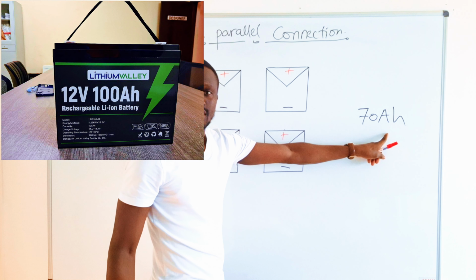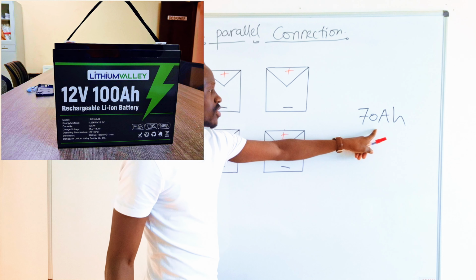I think you have seen this on a lot of batteries. Okay, this 70 Ah, A is the current, which means we need the current. That is the parallel connection, and the hours, which means how many hours.